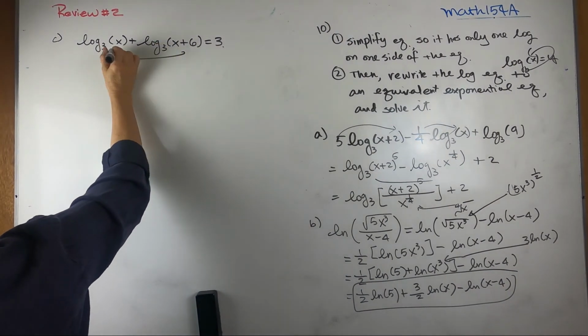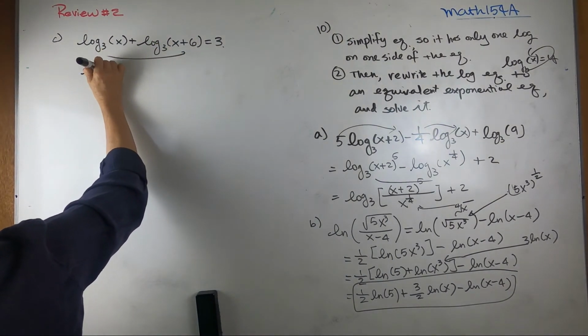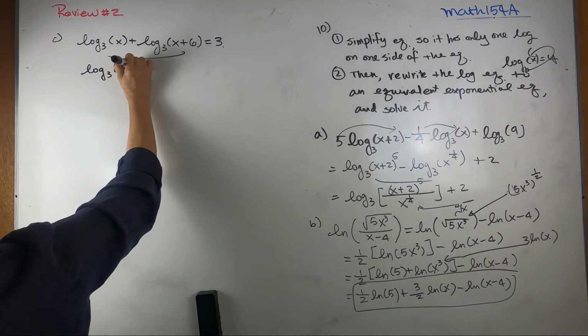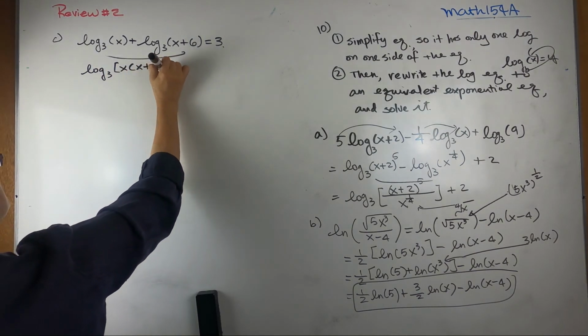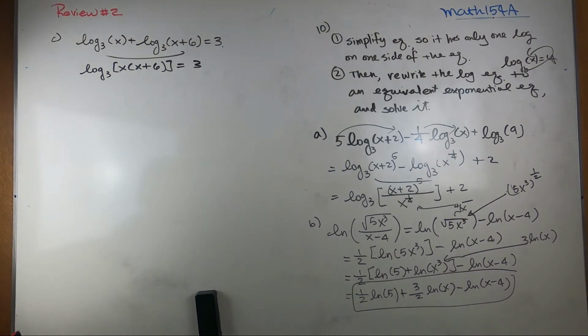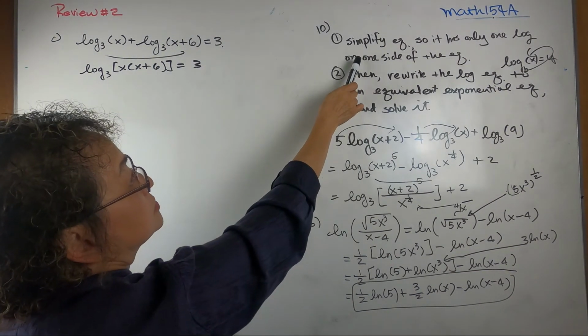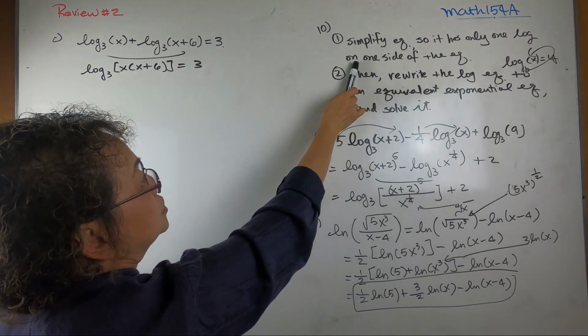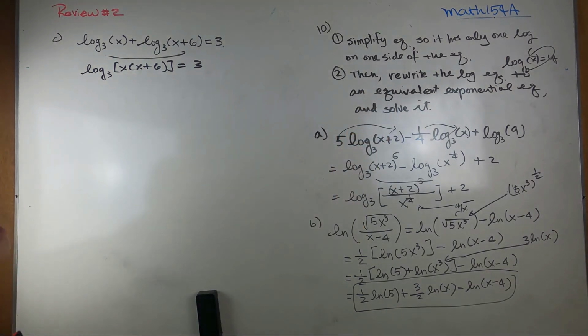Put it together. If adding, that means inside you need to do what? Multiplying. Right? Now it becomes a single log. Once it becomes a single log on one side of the equation, then you rewrite the log to exponents, right? To solve it.